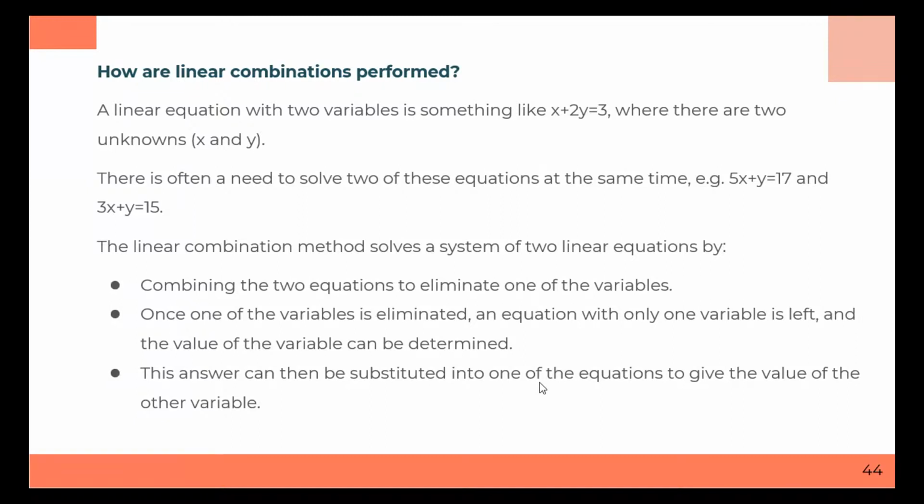This answer can be substituted into one of the equations to give you the value of the other variable. How about the next one? 5 into 1, 5. Next, 17 by 5.